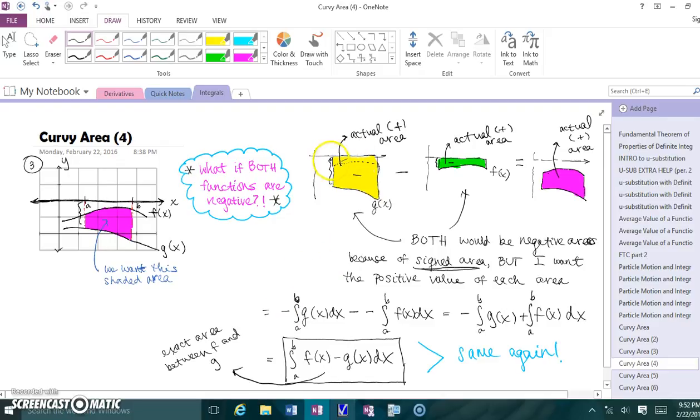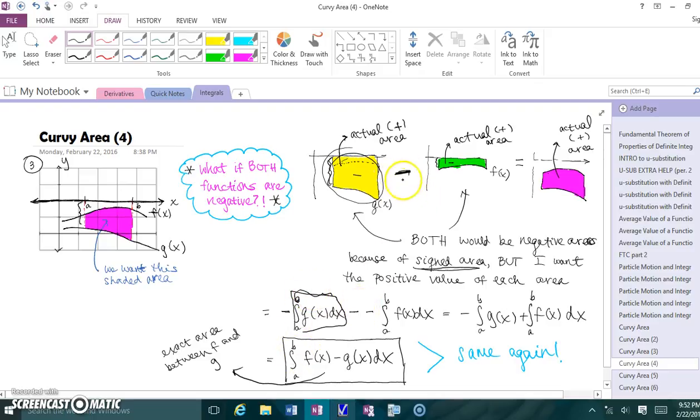So I'm going to represent the area from the x-axis all the way to g as the integral of g of x from a to b. It's the area under the curve, or from the curve to the x-axis in this case. And because I want to be considering this area, like the actual positive area, I'm going to do the opposite of it, or negative, because this itself is negative, and minus a negative will be positive.